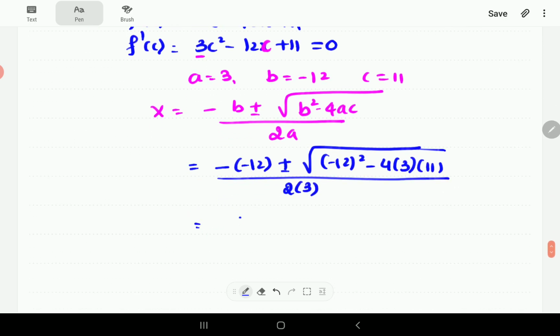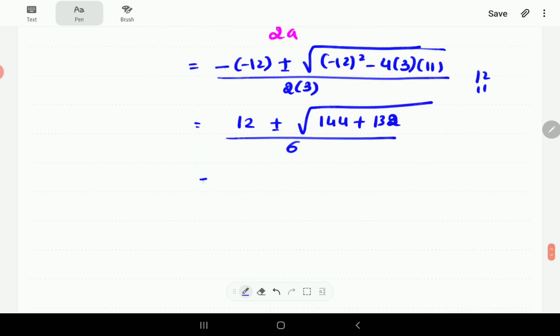So this is equal to 12 plus or minus square root of 144 plus 12 into 11, that is 132, divided by 6. So if I simplify, this is 12 plus or minus square root of 276 upon 6.